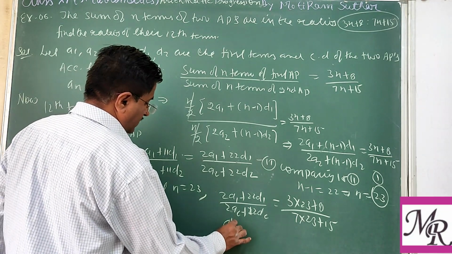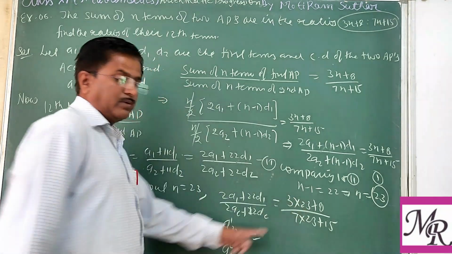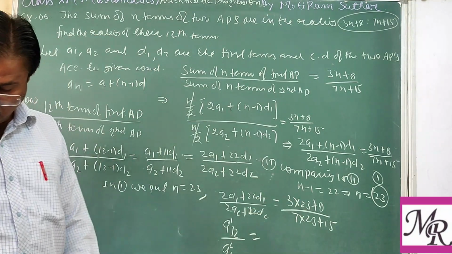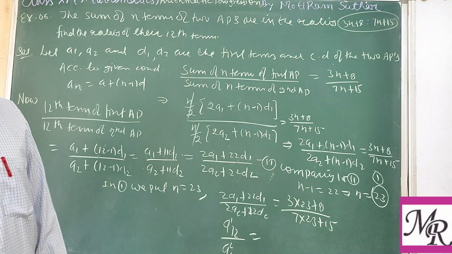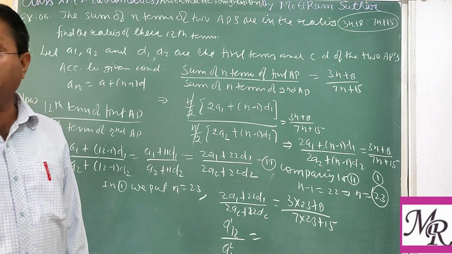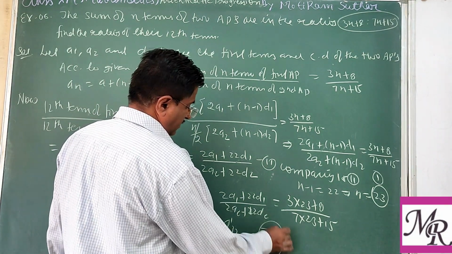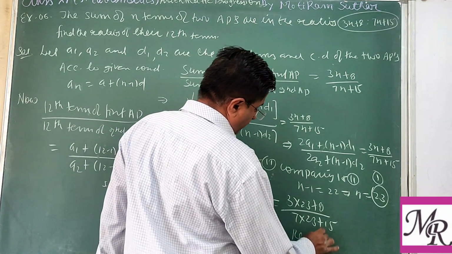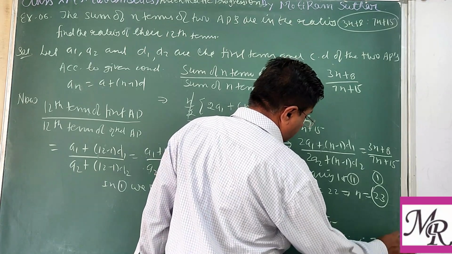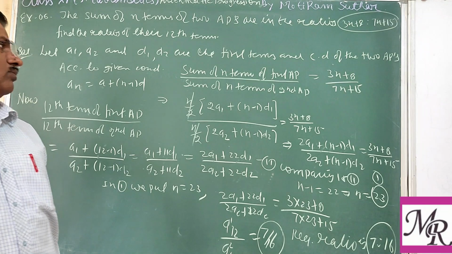So a12 to a2 12th is equal to, now simplify this right side: 3 into 23 plus 8 and 7 into 23 plus 15. Simplify and cancel out. So that will give you 7 by 16. So the required ratio is 7:16.